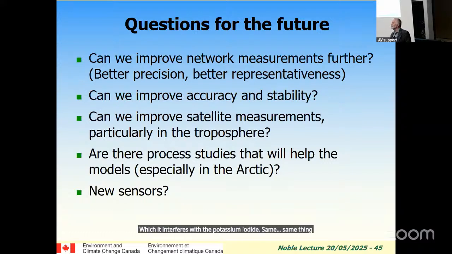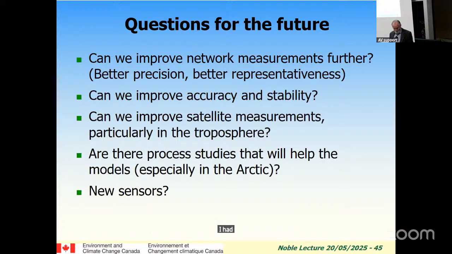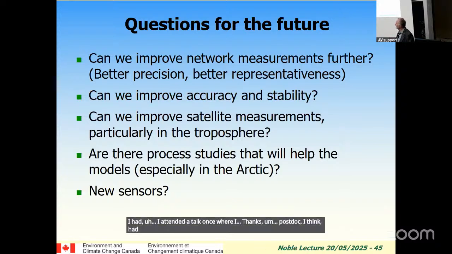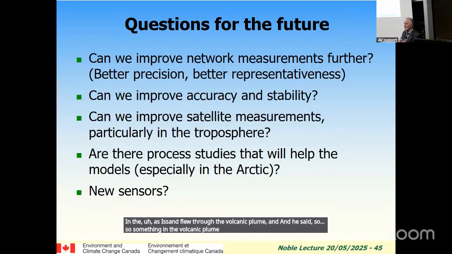Same thing happens if you're trying to measure ozone in a volcano. I attended a talk once where this postdoc, a fairly young fellow, was showing us these lovely data, and this big notch as his sonde flew through the volcanic plume, and he said, so something in the volcanic plume is actually destroying ozone.